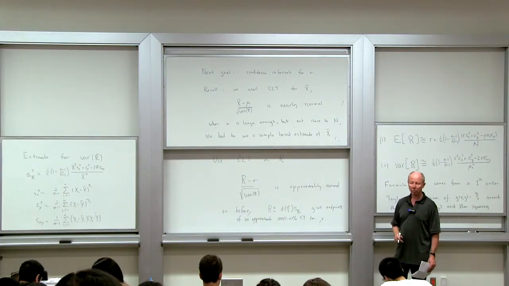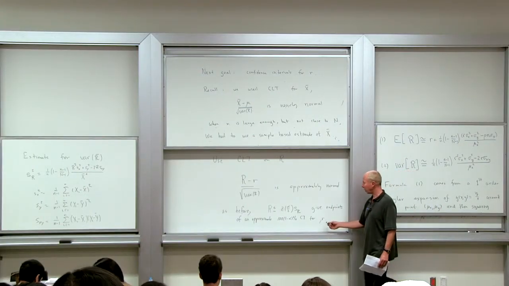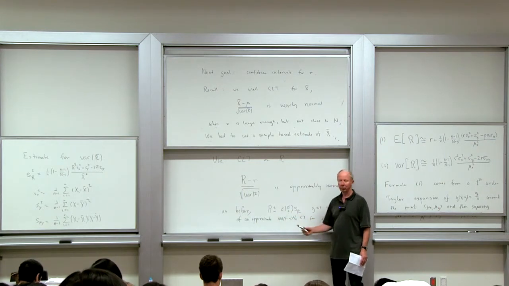So with probability 1 minus alpha, little r is in this interval.